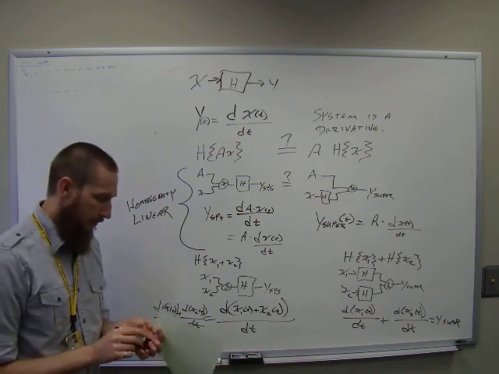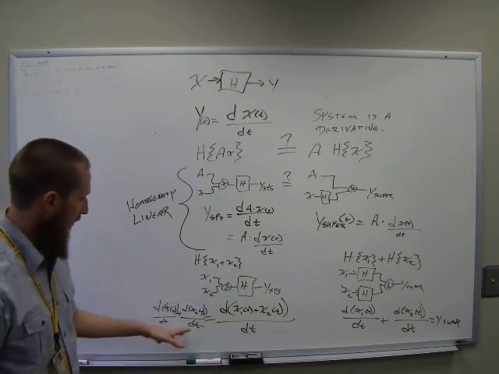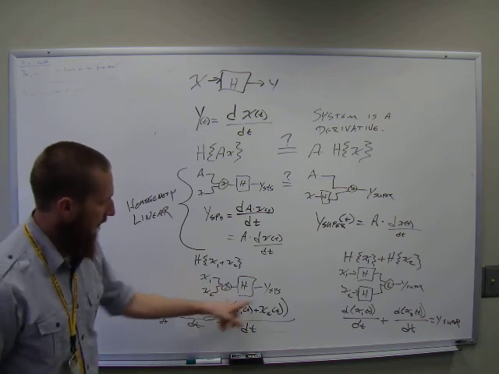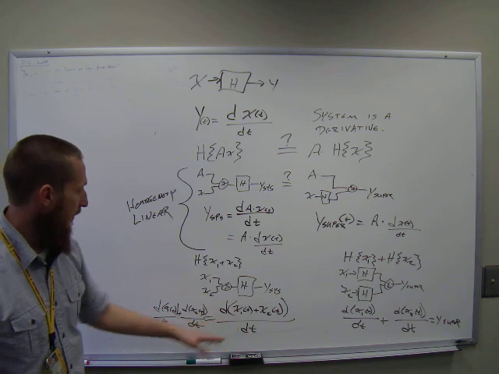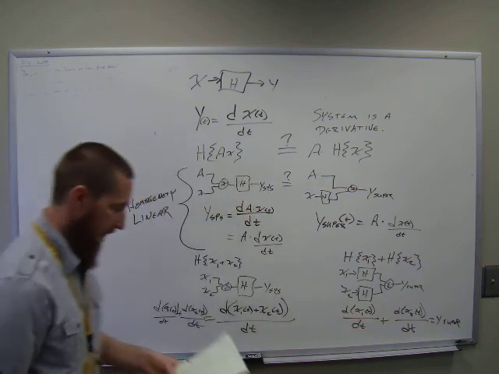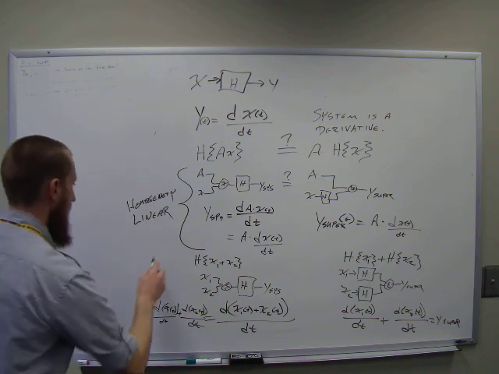The derivative, you can distribute these out. So distribute the differentiator inside the parentheses, and it splits into the exact form. So, by the additive property, it is linear.